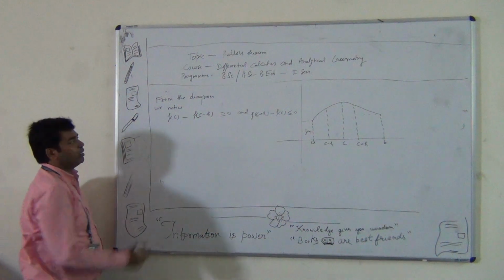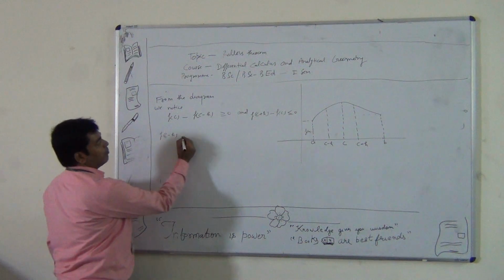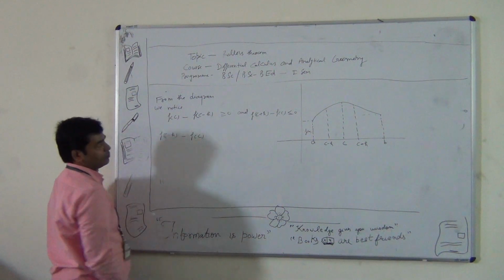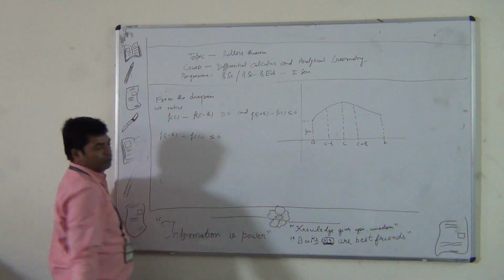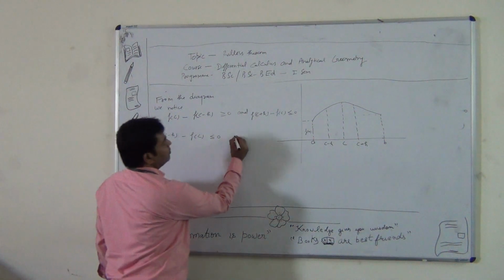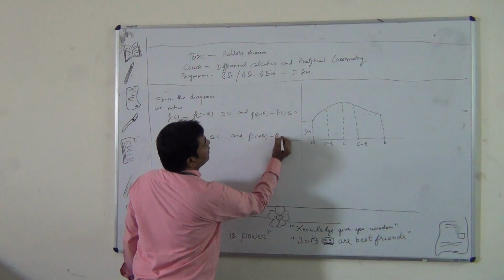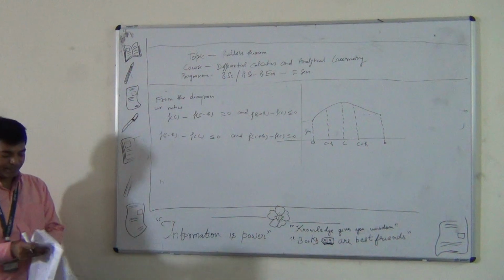Again this can be written as f(C minus h) minus f(C) is less than or equal to 0, and f(C plus h) minus f(C) is less than or equal to 0.